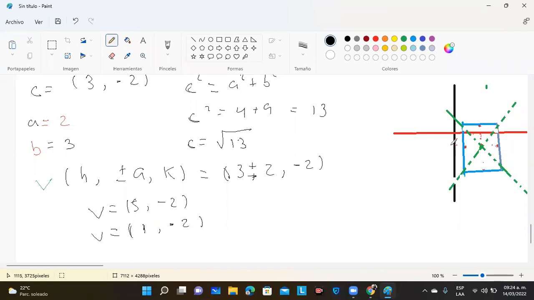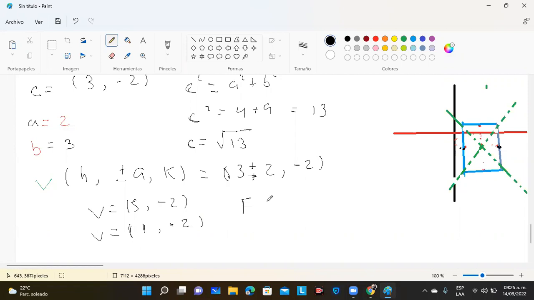Okay, so now let's look at the vertices. The vertices are going to be right here, here, and here. Now let's find the foci.